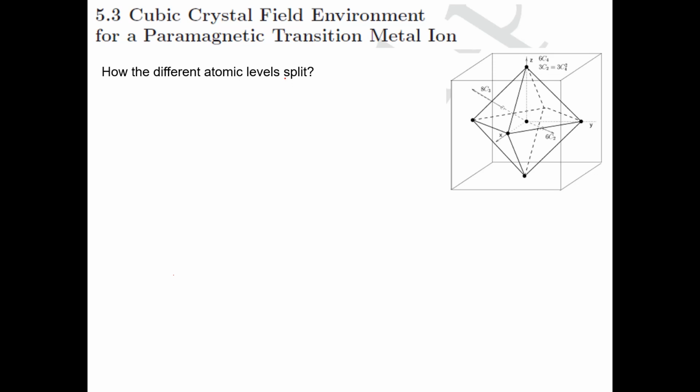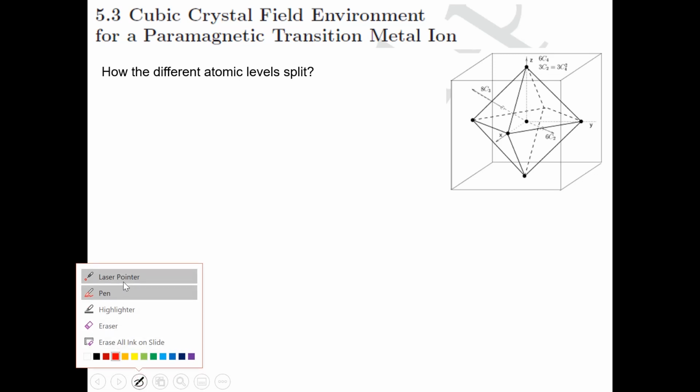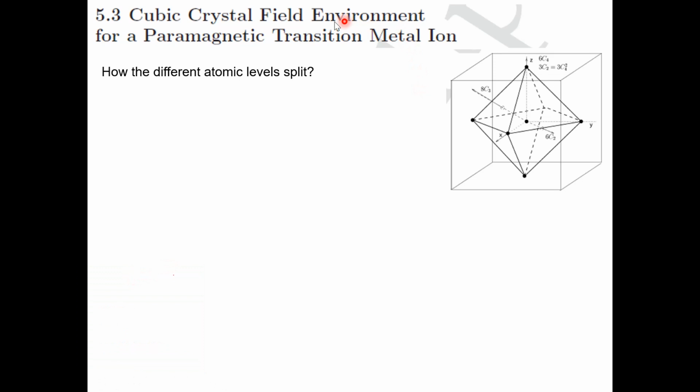The open D shells are interesting to study in this situation. And let's see what happens when I place some impurity atom, like some transition metal atom, in an environment which is essentially a cubic crystal field.